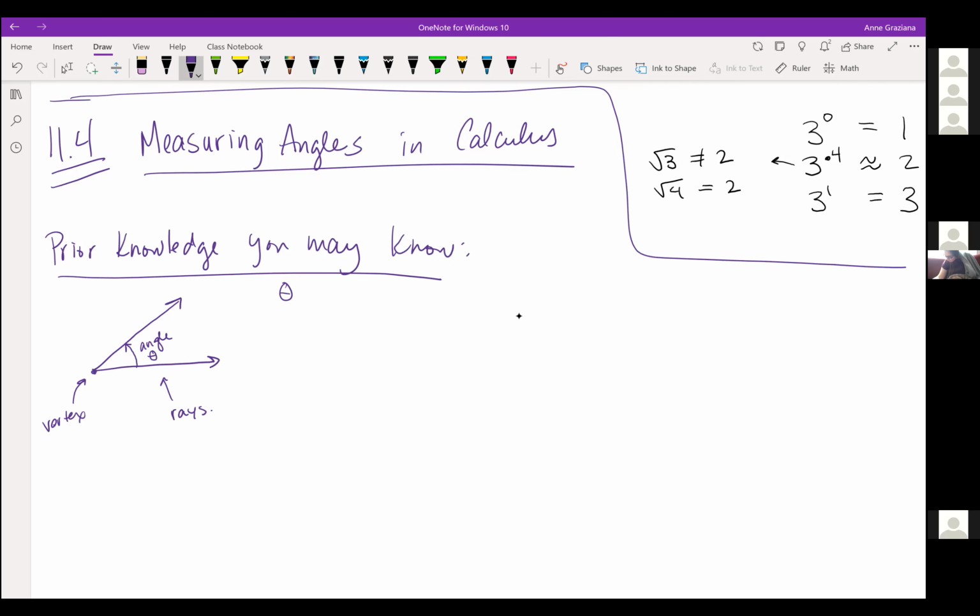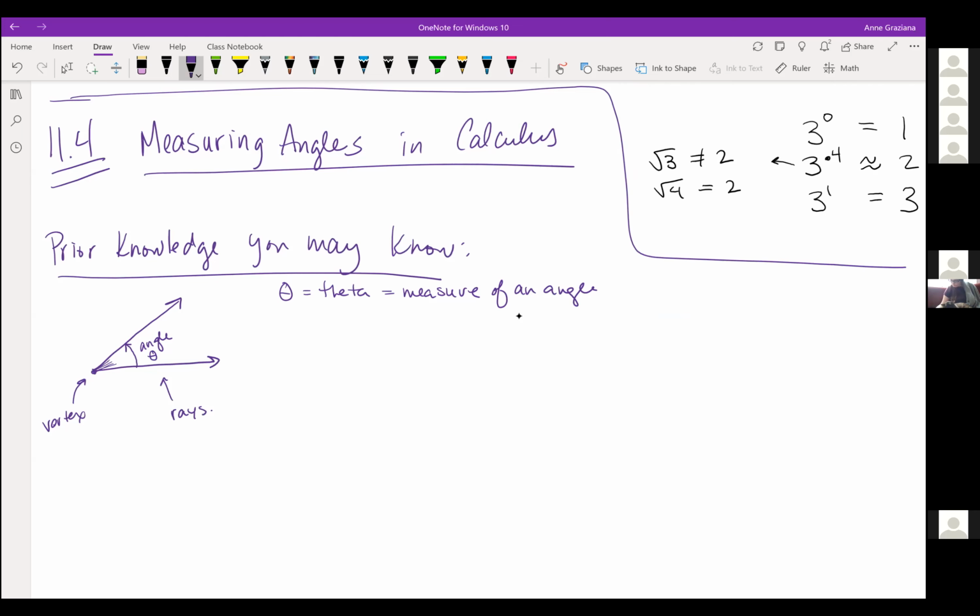So theta is a common measure of an angle. So that angle is the distance between the two rays. And it does have a special kind of measurement because we're measuring these incrementally little angles in here. So it's a little different.